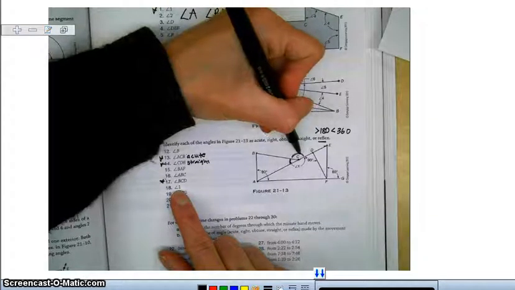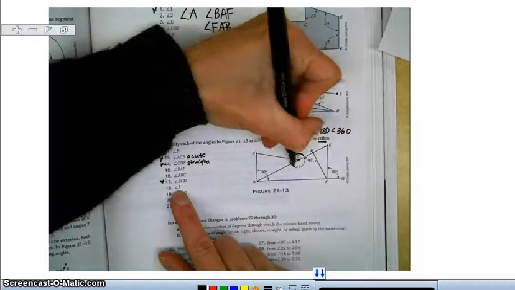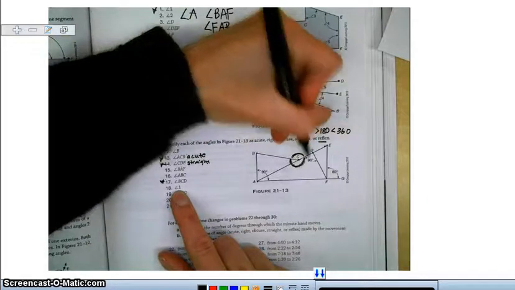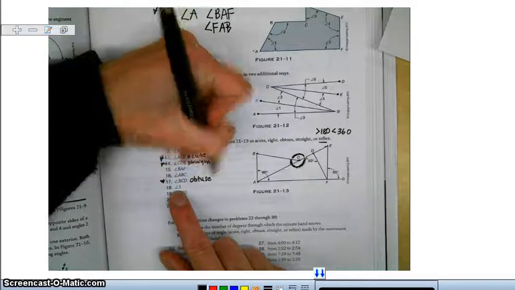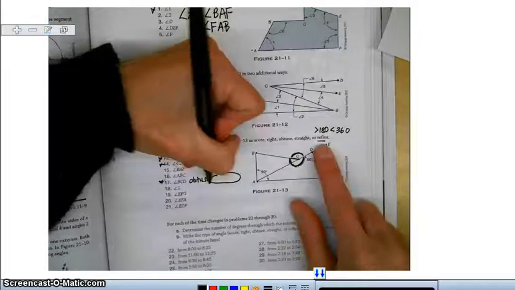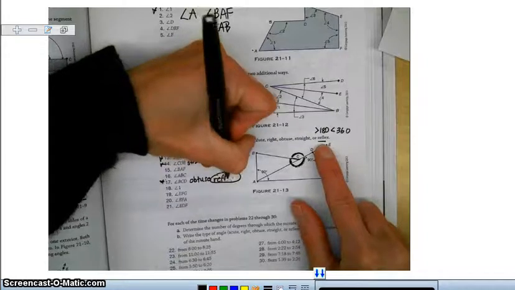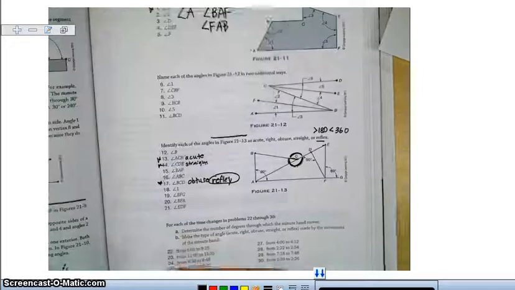You could classify it by this side, obtuse, but I'm thinking they want us to go inside the figure. So I would say you could call it obtuse, but since I think the real answer that they're looking for is a reflex angle. It's bigger than 180. A 180 degree angle looks like this. It's like a straight line.